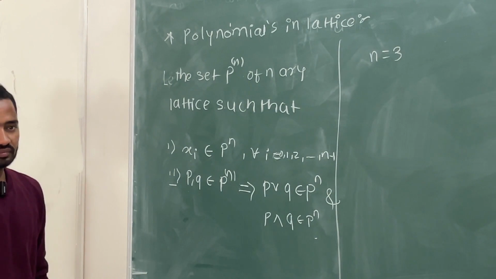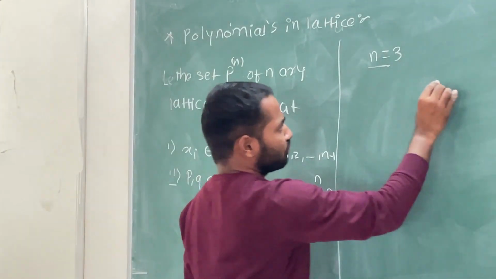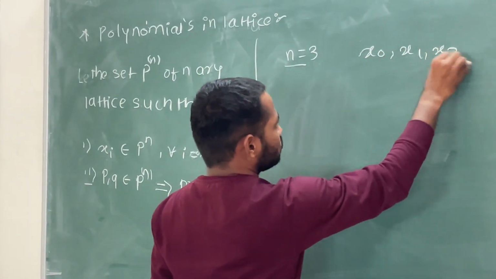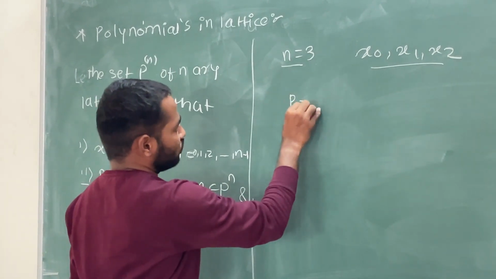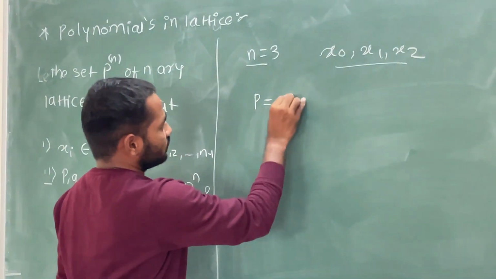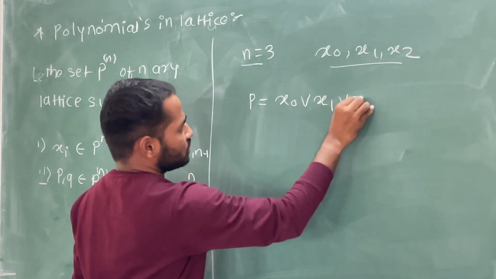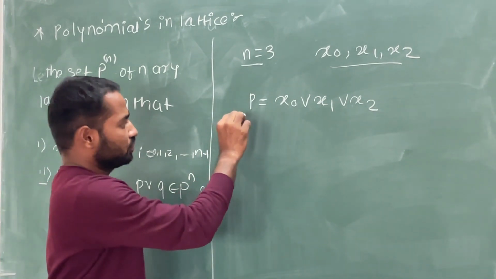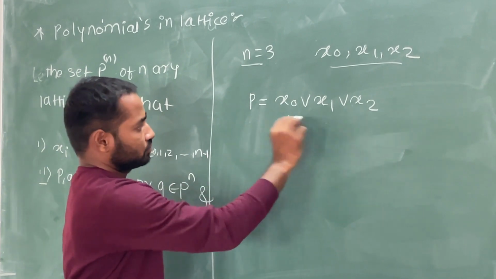Is that clear? Let us suppose n equals 3. Then we have three variables x0, x1, x2. Say polynomial P is x0 join x1 join x2. This is a polynomial of three variables x0, x1, x2.